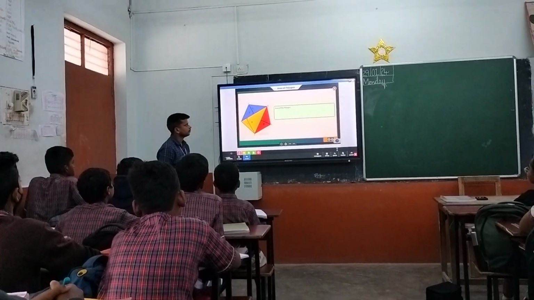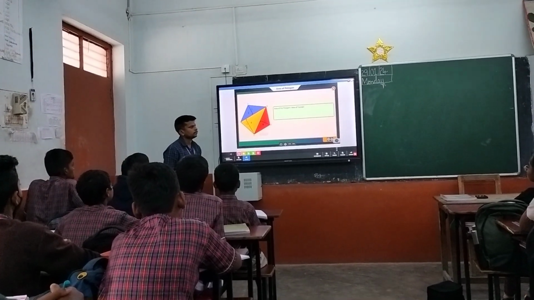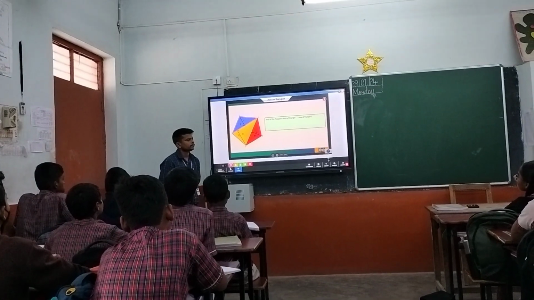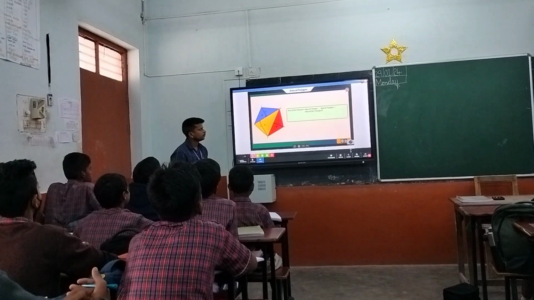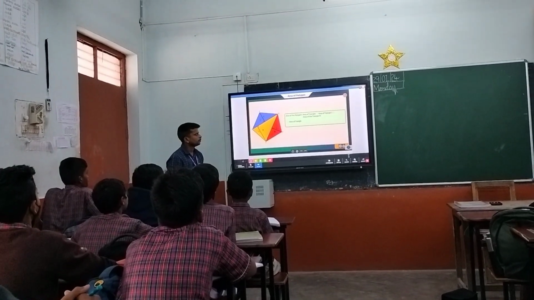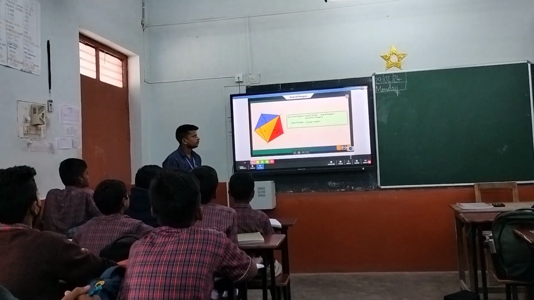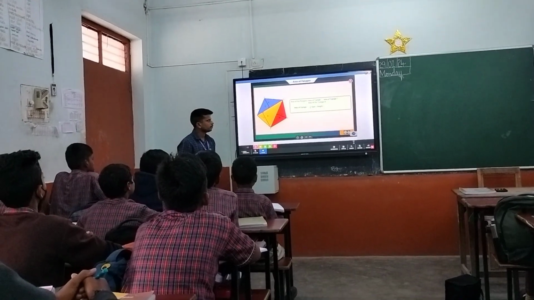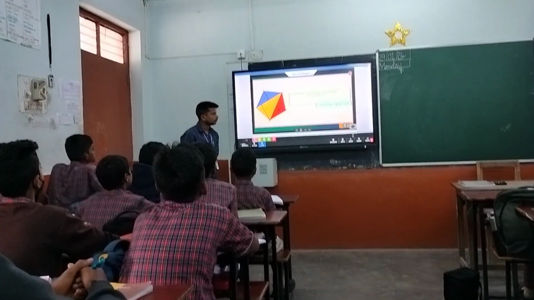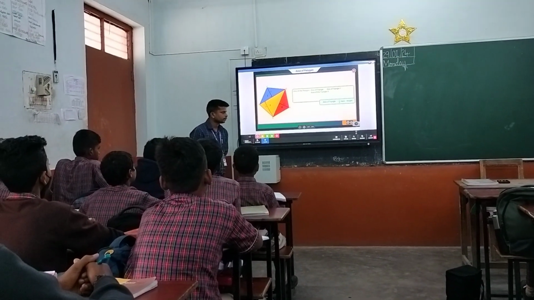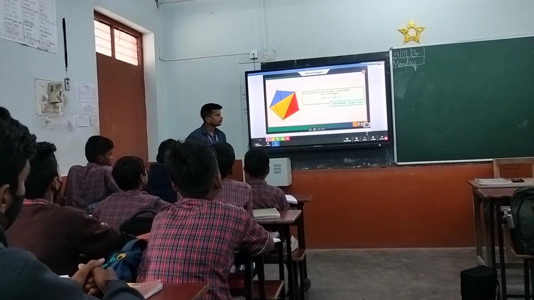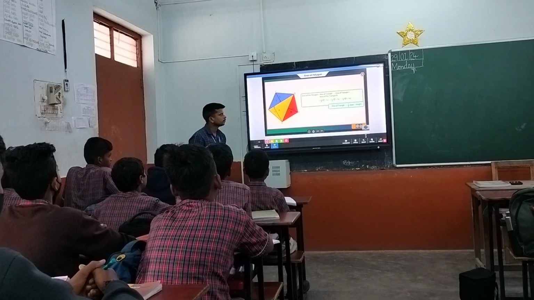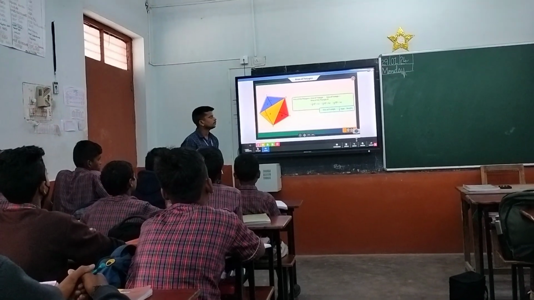Therefore, area of the polygon is equal to sum of the areas of triangle 1, triangle 2, and triangle 3. We know that the area of a triangle is equal to half base times height. Substituting the values for base and height of each triangle, we get the area of the polygon.